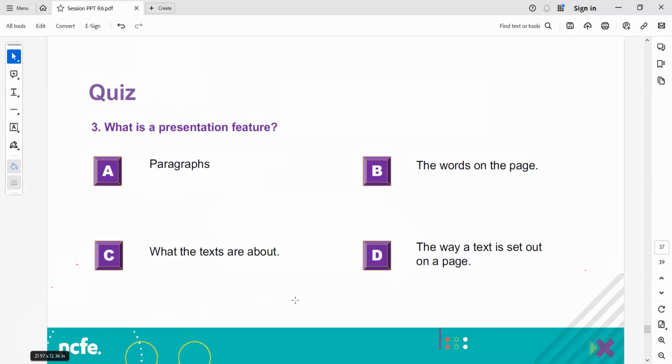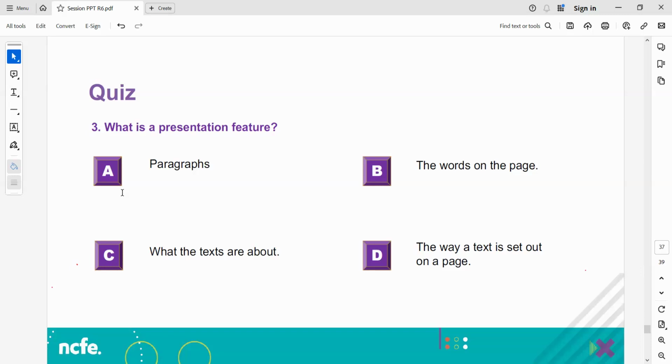Paragraphs are part of it, so we can see when we look if it's been divided into paragraphs. The way the text is set out on the page. I think you're both saying the same thing there.